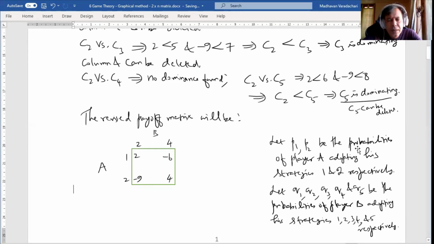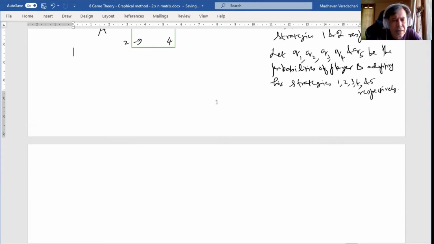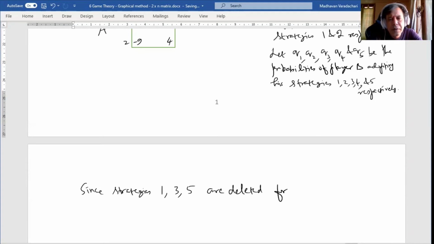Already we noticed that strategies 1, 3 and 5 are deleted for player B. Since strategies 1, 3, 5 are deleted for player B, we have Q1 is the same as Q3 is the same as Q5, and all of that will be 0.